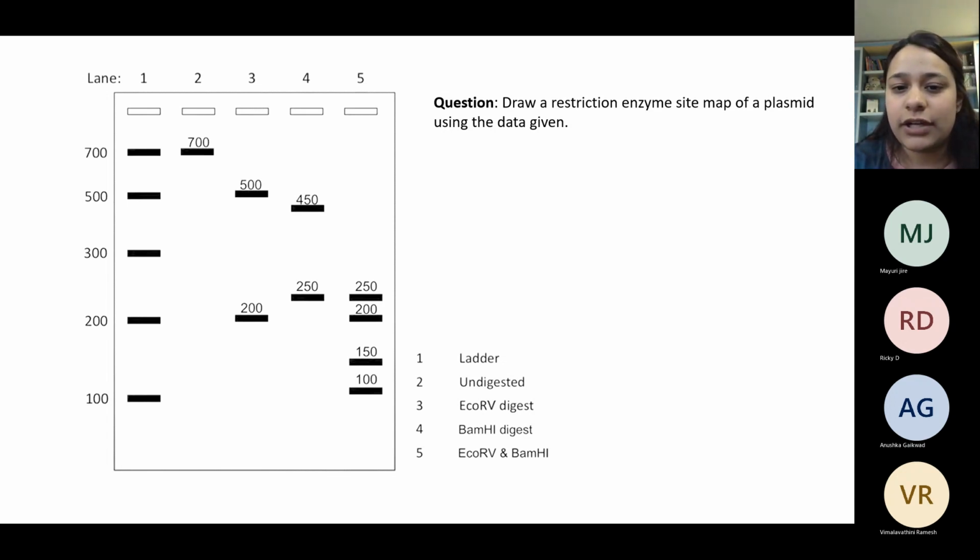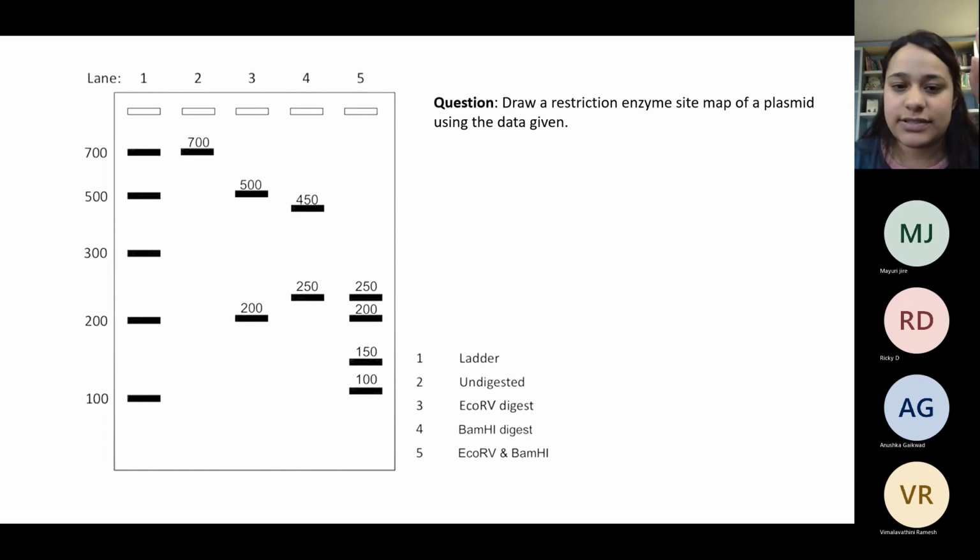How? 150 and 250 will be 400 and 200 and 100 will be 300, which contribute to 700 kilobases. This entire plasmid will be 700 kilobases. It will contain two EcoRV sites and two BamHI sites, which will divide the plasmid into four fragments when the double digestion is done.